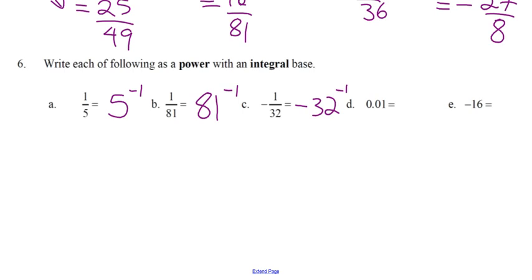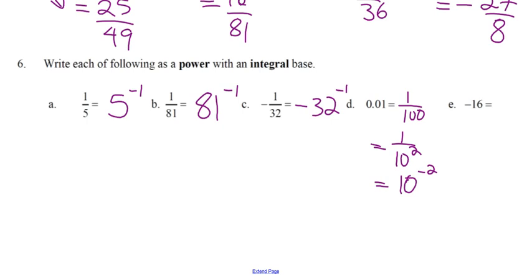0.01, what is 0.01? Okay, it's 1 times 10 to the negative 2. It's 10 to the negative 2. It's 1/100th. Okay, so 1 over 100 is a fraction, which is 1 over 10 squared, which is 10 to the negative 2.